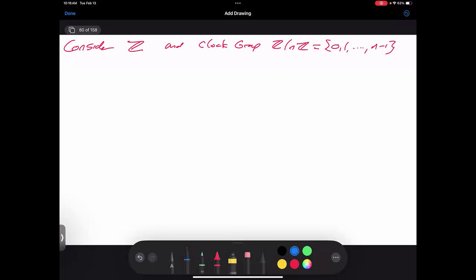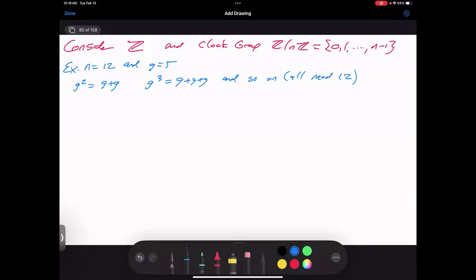So let's consider, as an example, n equals 12, and g equals 5. So g squared will mean g plus g, g cubed will mean g plus g plus g, and so on. And all of these are mod 12, so we look at the remainder when we divide by 12.